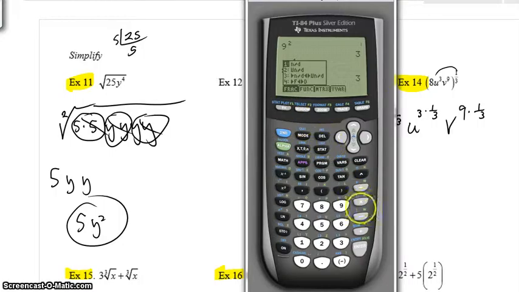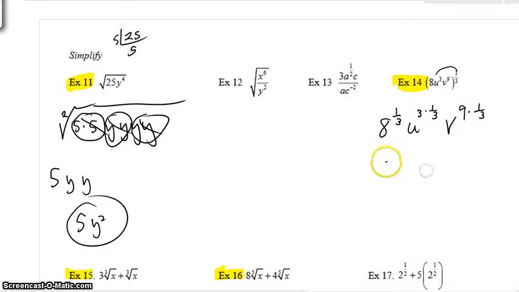That, by the way, is the cube root of 8, which hopefully you know should be a 2. Hit enter and you'd get a 2. 3 times 1/3, well, either with the calculator or just canceling there, you get u to the first. Use a calculator or work this out by hand. 9 times 1/3, 3 goes into 9 3 times. 3 times 1 is just a 3.